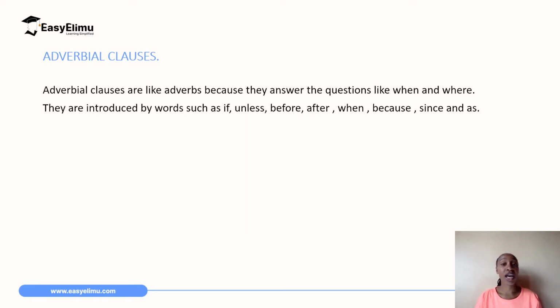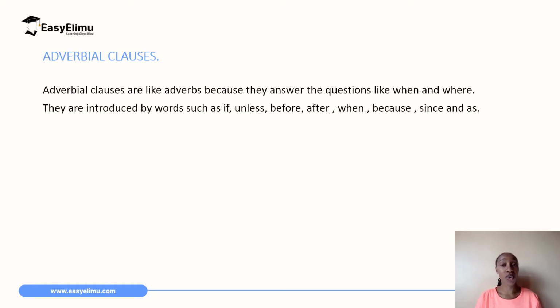We have the adverbs of manner, adverbs of place, adverbs of time, and adverbs of degree, which are also known as adverbs of frequency. And we said adverbs answer the question how, when, and where.